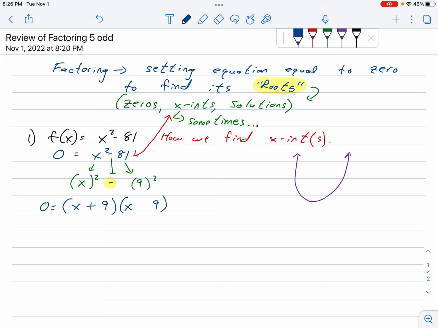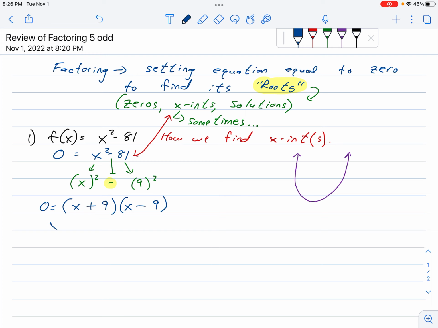Doesn't matter which one's which, 1 plus, 1 minus. These are the factors of this, just like the factors of 6 are 3 and 2, 2 numbers that multiply to give me 6. Here are 2 binomials that multiply to give me this: x squared, negative 9, positive 9 cancels, negative 81.